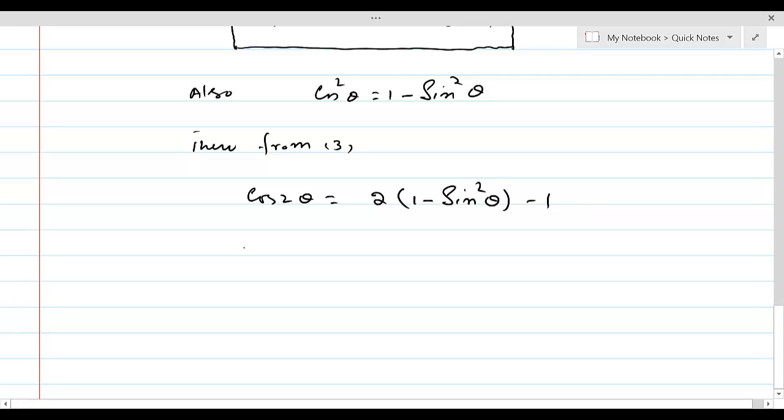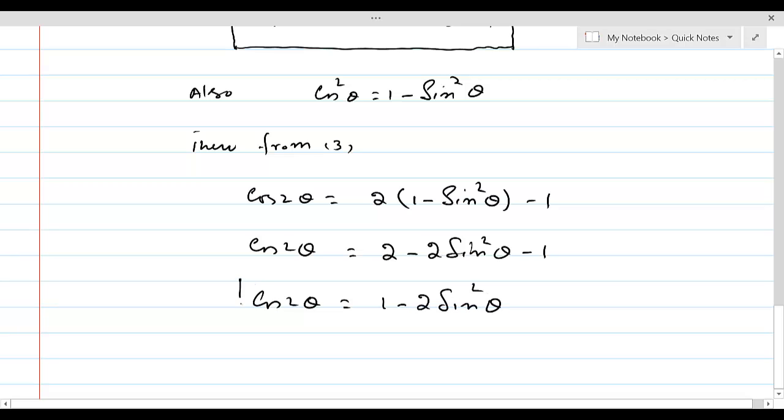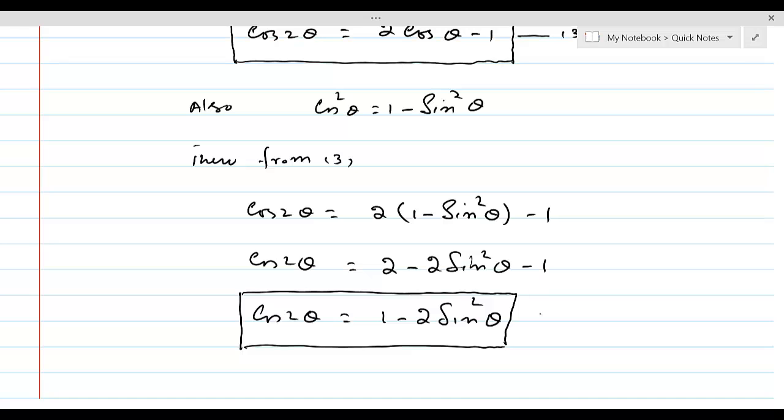So here we can use cos 2 theta equal to 2 minus 2 sine square theta minus 1, or in other words cos 2 theta is equal to 1 minus 2 sine square theta. So these are three different results for cos 2 theta which we use depending upon the need of our question. So this is number 4.